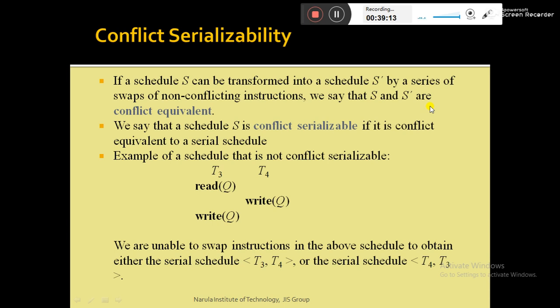Next, a very important term: conflict serializable. We say that a schedule S is conflict serializable if it is conflict equivalent to a serial schedule.